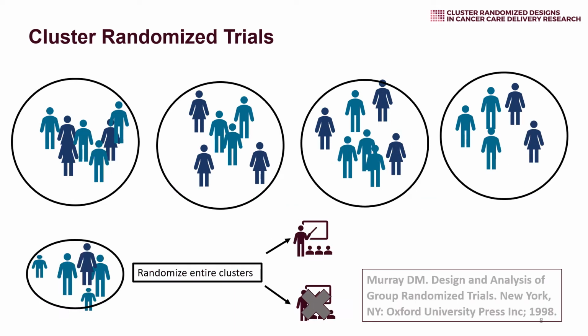In a cluster randomized trial, on the other hand, entire groups of patients or participants are randomized to intervention or control condition. Now here, the intervention and control condition are not depicted by a drug because many cluster trials are not used to evaluate our typical pharmaceutical interventions, but they might be used to evaluate something like a behavior change type of intervention.